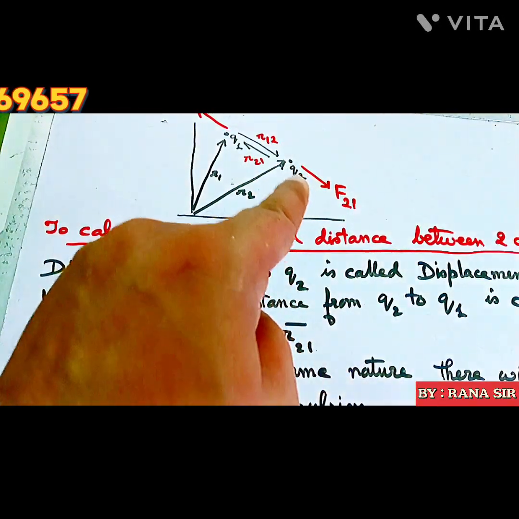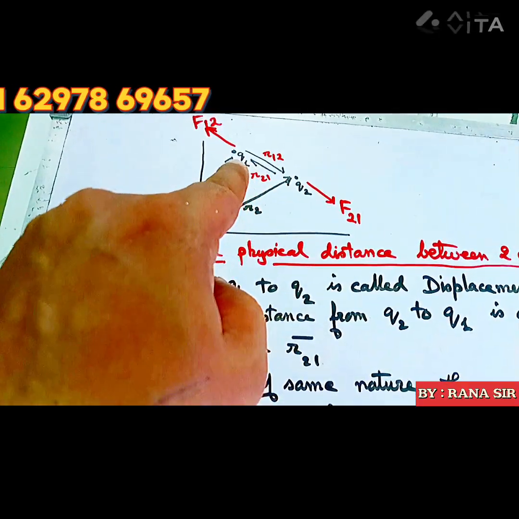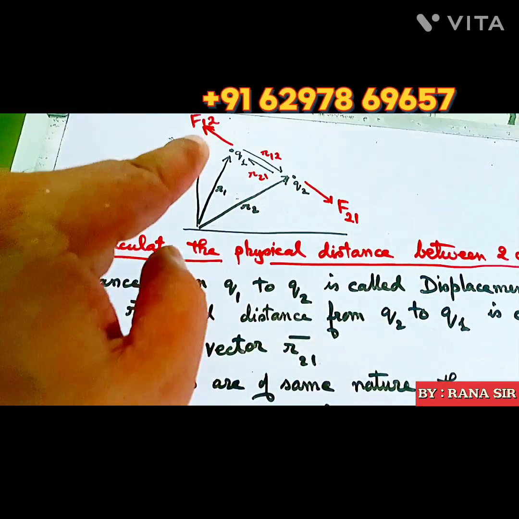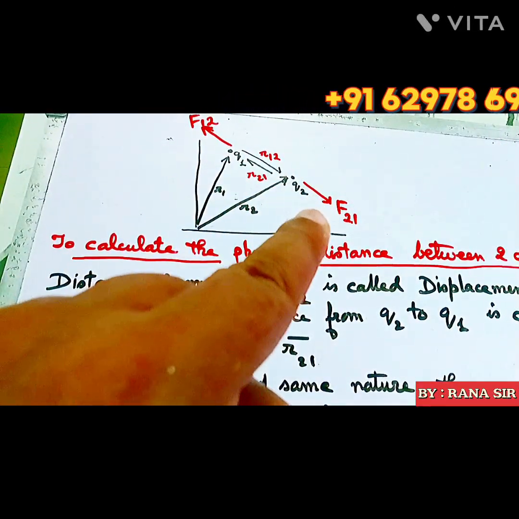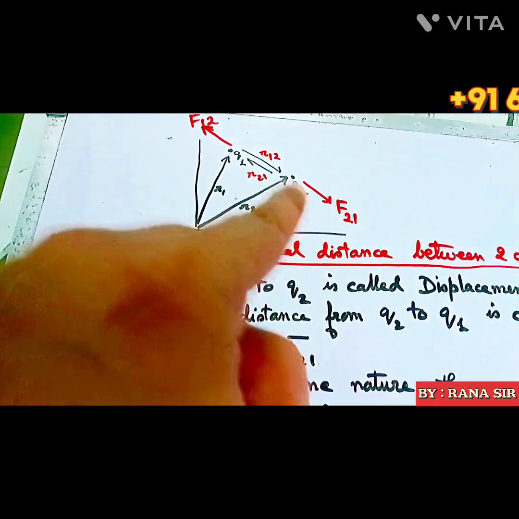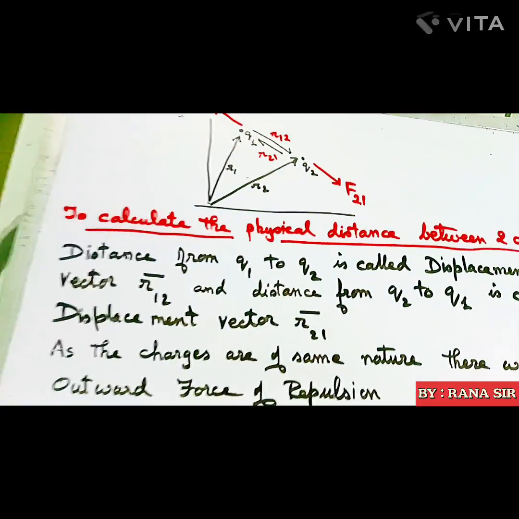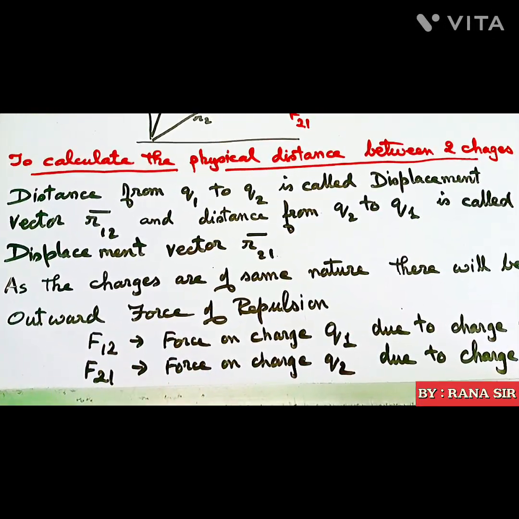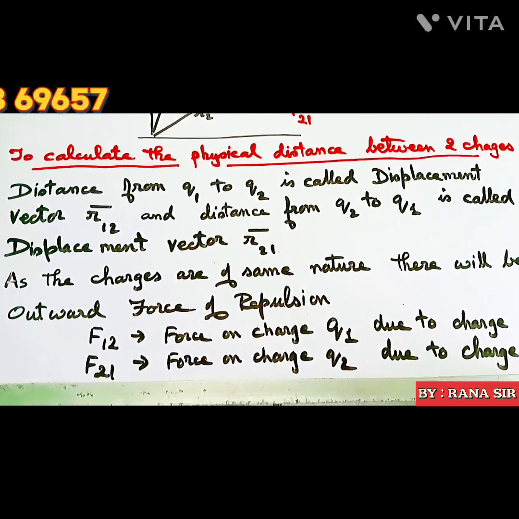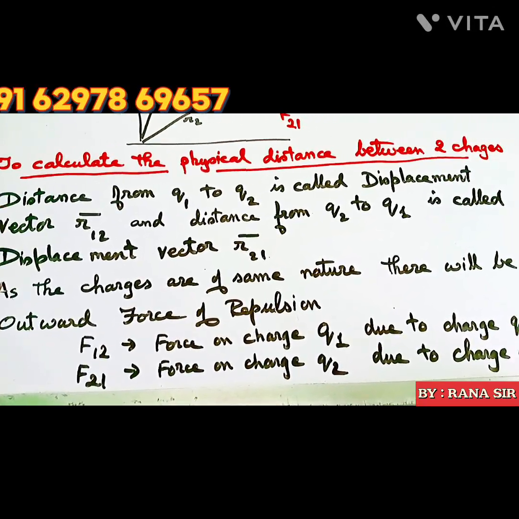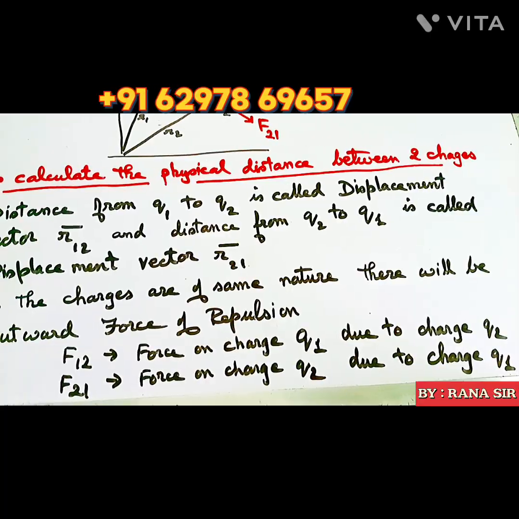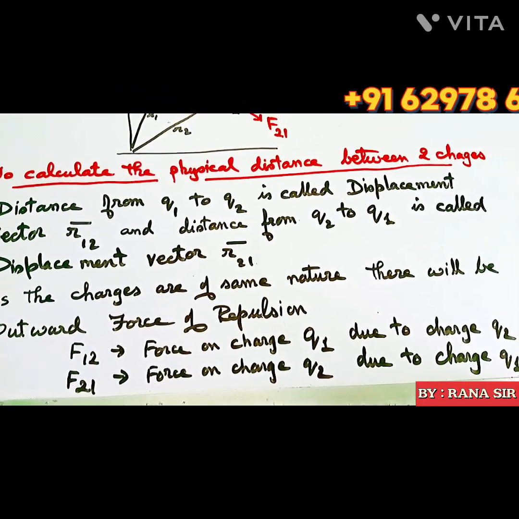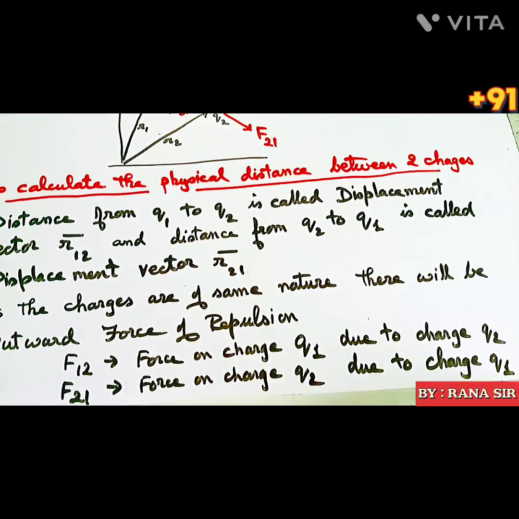This force is on charge 2 due to charge 1. This force is going up. This force is due to charge 2 on charge 1. So F12, force 1 due to 2, is the force on charge 1 due to charge Q2. Force F21 is the force on charge Q2 due to charge Q1.